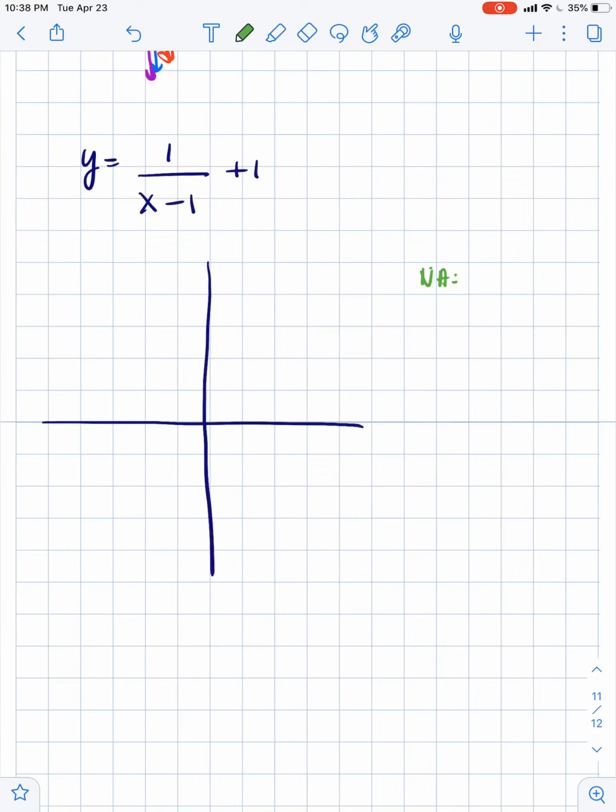Well, now I have x minus 1. That cannot equal 0. So x equals 1 would make it equal 0. So I am at 1. Okay? But if you think of it again, like our parabola moves, x minus h, that h value is a 1. It's just moved it over 1. My horizontal asymptote, again, this is your plus k, it moved it up 1.